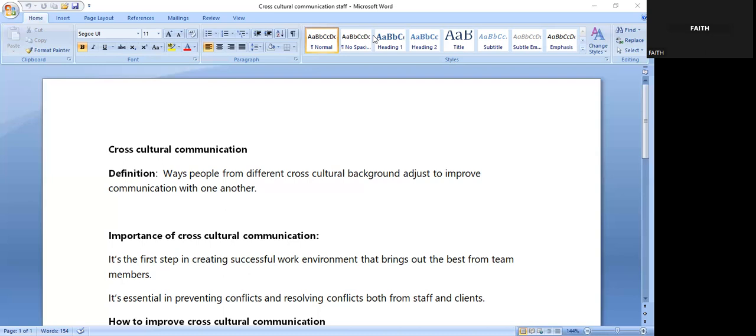Do you know that when an adult is speaking to a teenager, it's actually cross-cultural communication? It's not only when people are coming from different backgrounds; when people have different orientations of understanding, it's also an aspect of cross-cultural communication.